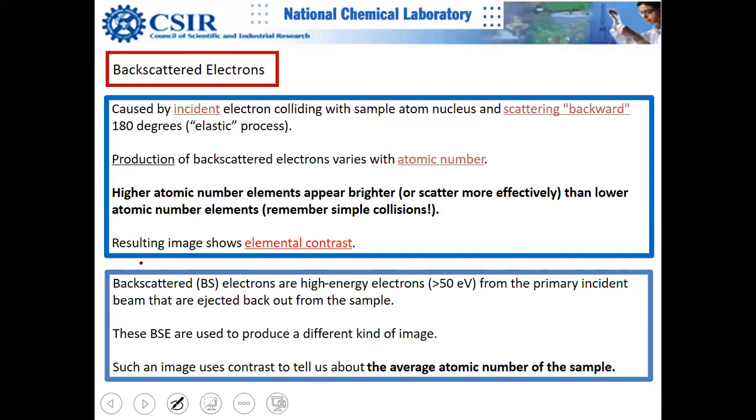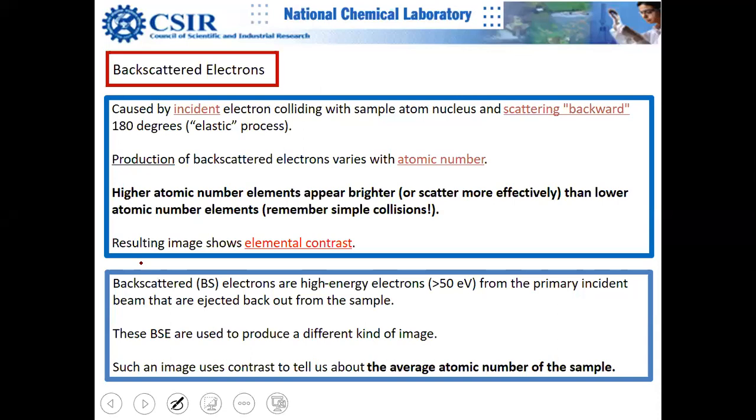So backscattered electrons are caused by the collision of incident electrons with the sample atoms, primarily the electron-nucleus interaction, and these electrons are kicked in the opposite direction. So we can call them backward scattered electrons.